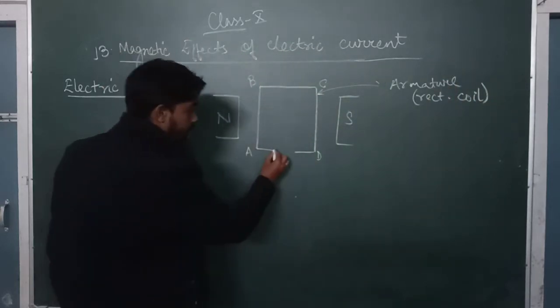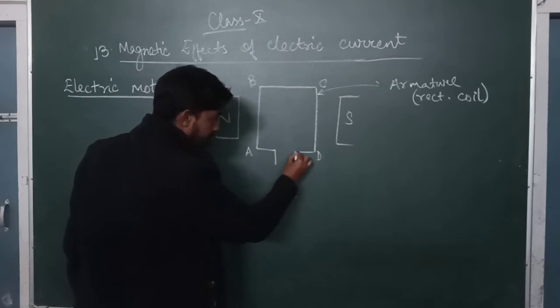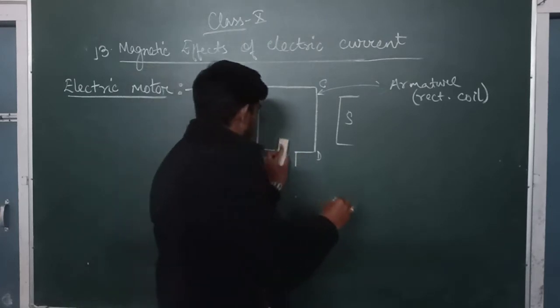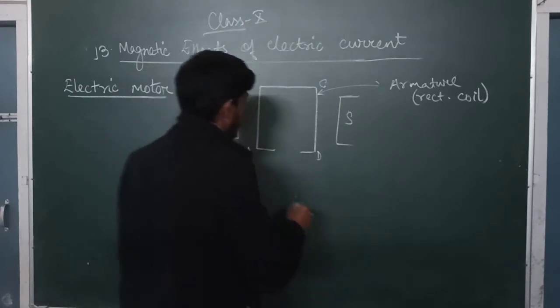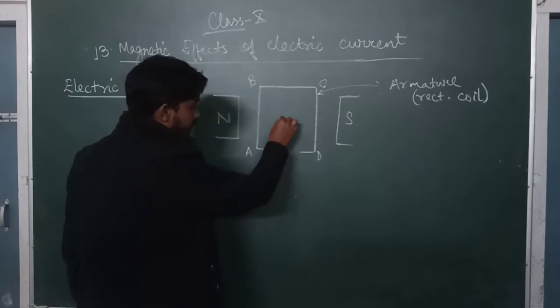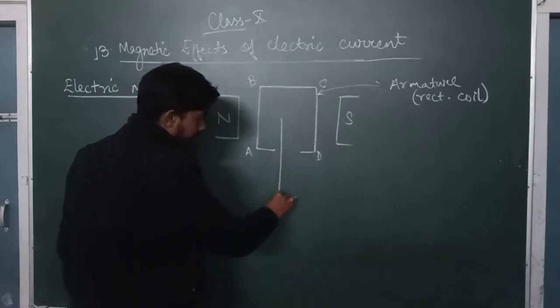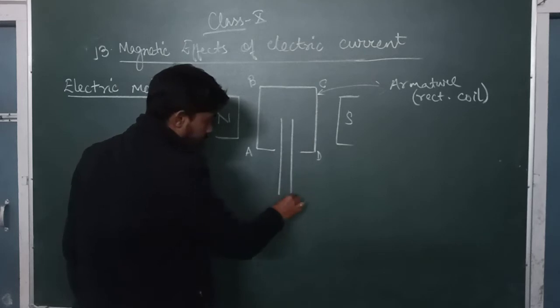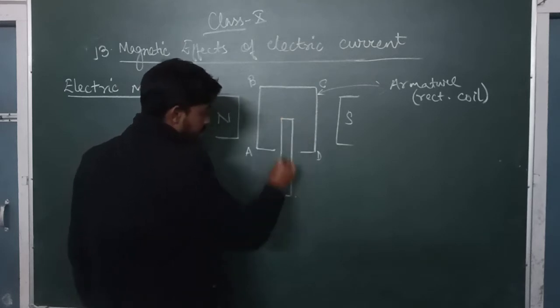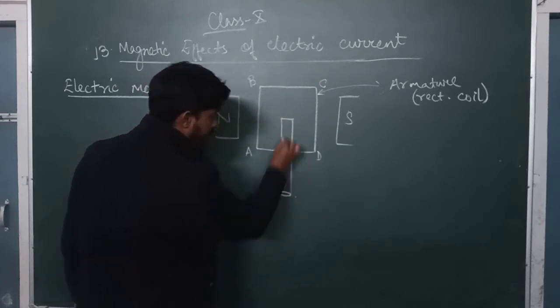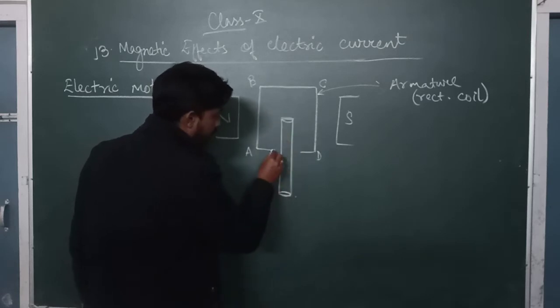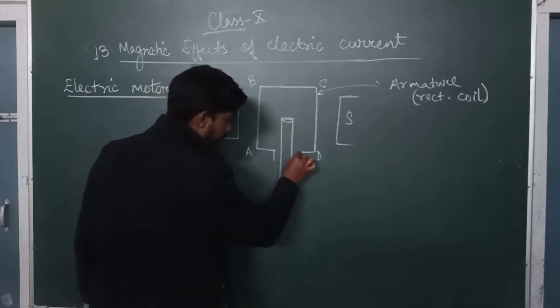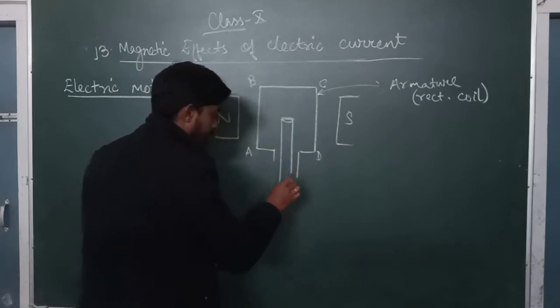Then this armature is extended down like this, and inside this armature there is a rod which is known as an axle. This is the axle, which is basically a circular rod, and these connections are passed up to here.